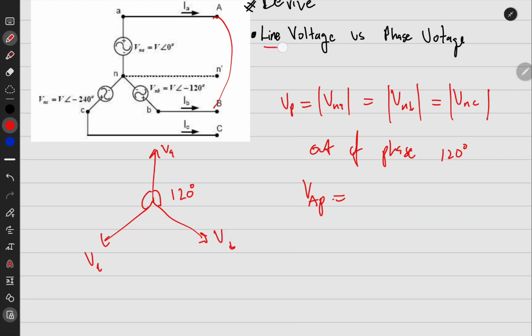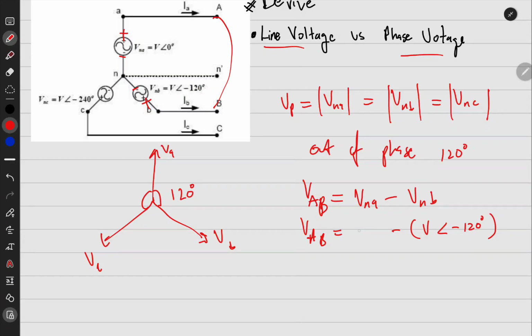We're trying to get the relationship between a line and a phase voltage. VAB is going to equal VNA minus VNB, because we see the plus at one side and the minus at the other side, so they have different signs. So VAB equals VNA minus VNB, which is V angle negative 120 degrees.